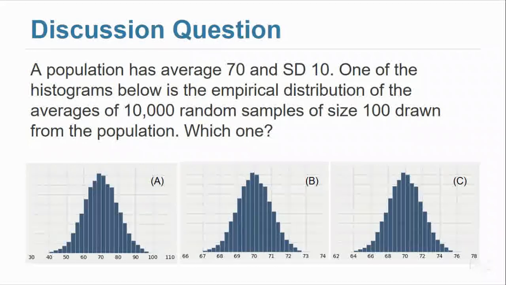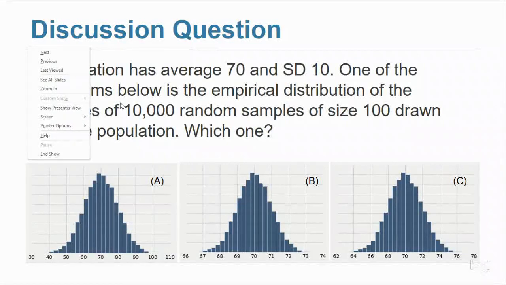And in B, I think the point of inflection sits at about 69 and 71. And in C, it looks more like it's at 68 and 72. In B, the standard deviation is 70 minus 69. It's 1 unit. And in C, the standard deviation looks like it's 2 units. So B is the correct answer.